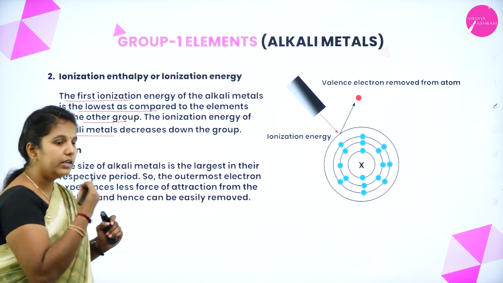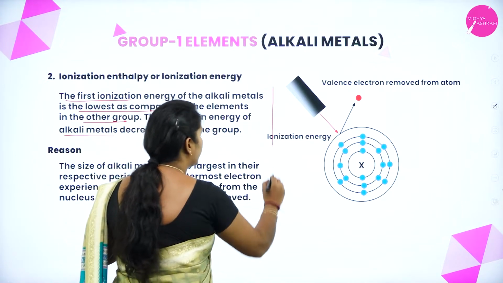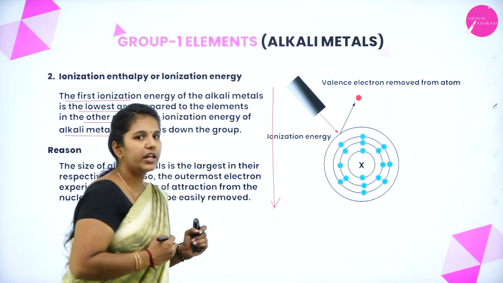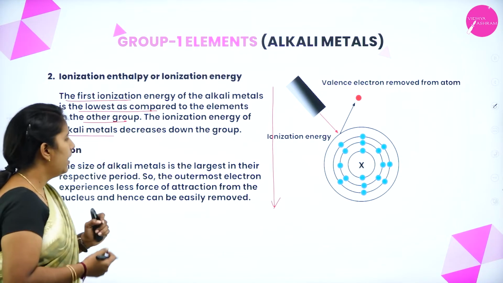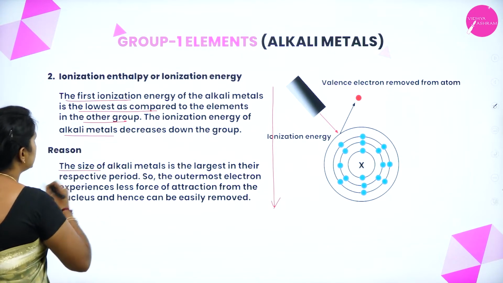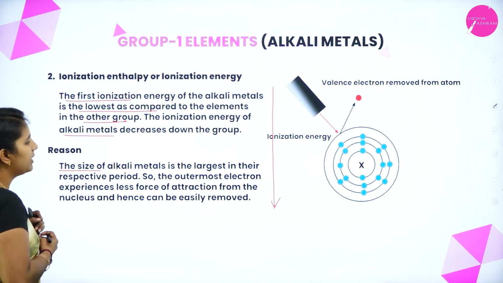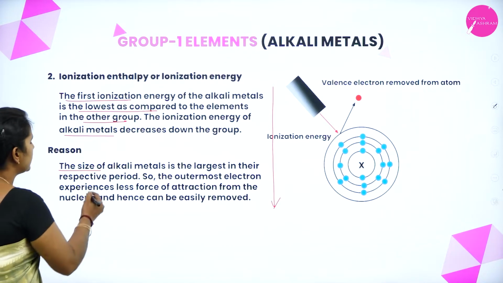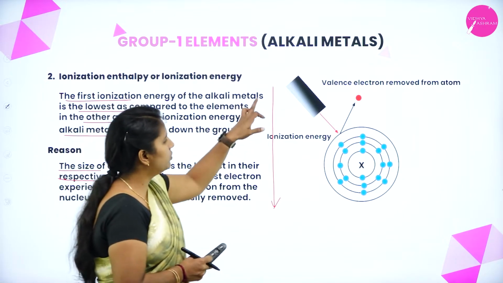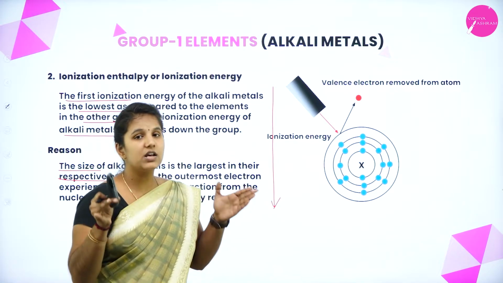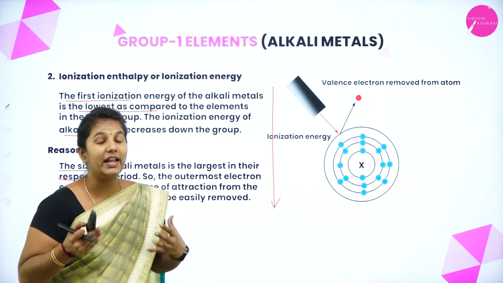As we move down the group from top to bottom, the ionization energy decreases. The reason is that the size of the alkali metals becomes largest with respect to their period. As we move down the group, the number of shells increases.